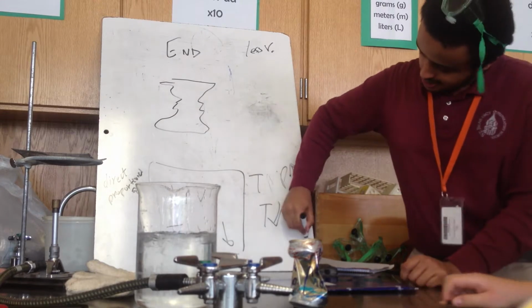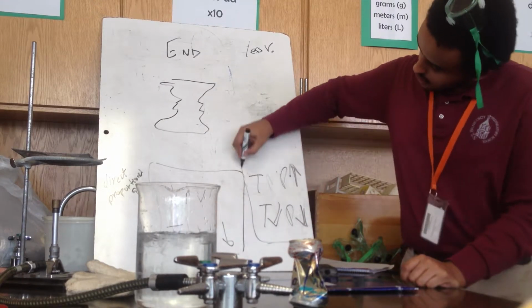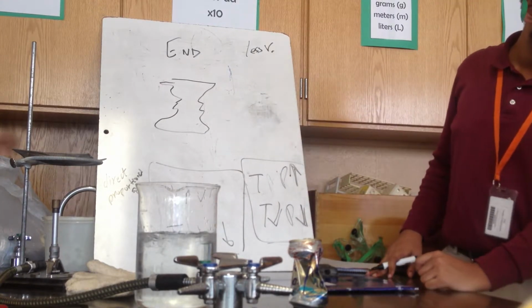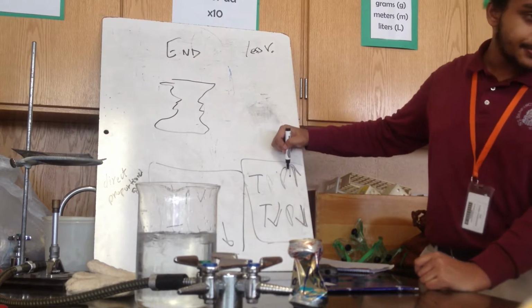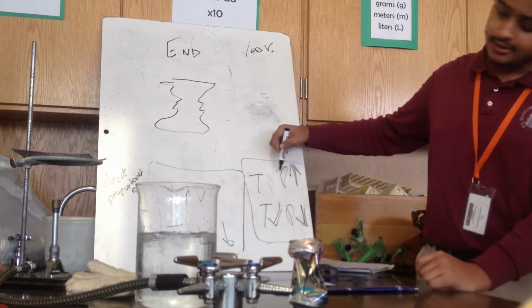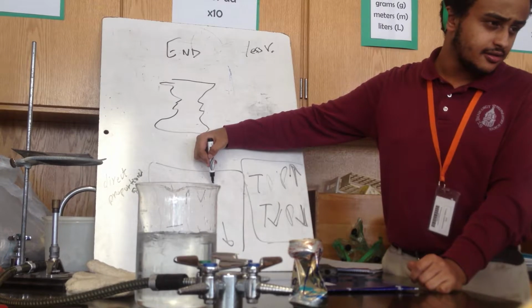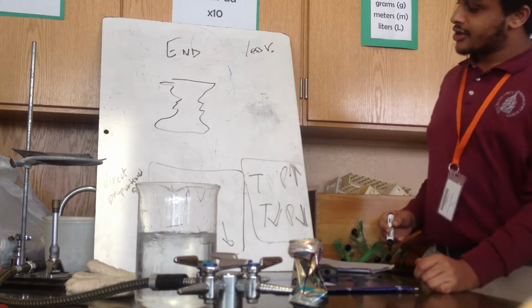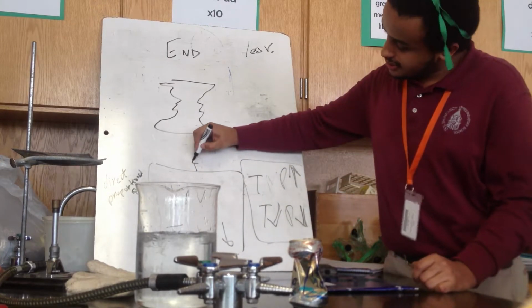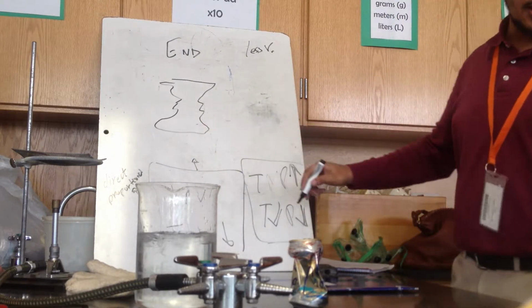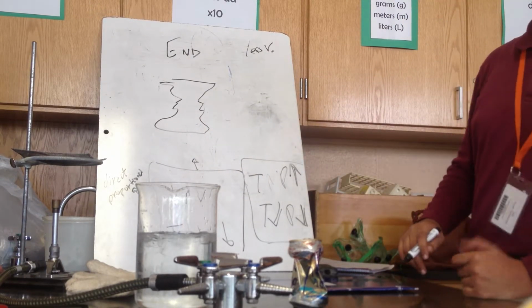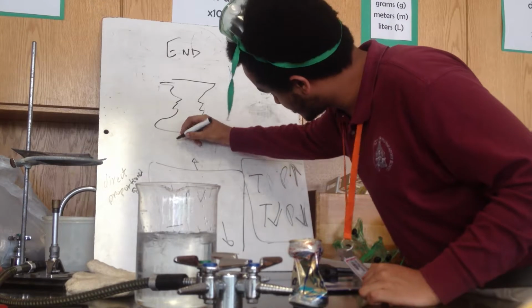So, those two are called direct. Temperature and pressure are direct. Temperature and volume. So, this is called Charles' law. And you knew it at the beginning. Good job.